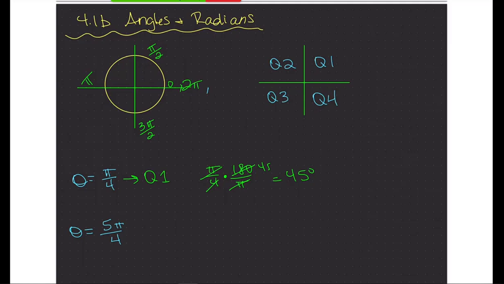Like what is that ish? More than 1, right? Exactly. So if we know that it's more than 1, we know that it's got to at least be in either quadrant 3 or quadrant 4, right? So our next little stop is 1/2 pi. So is this greater than or less than half?